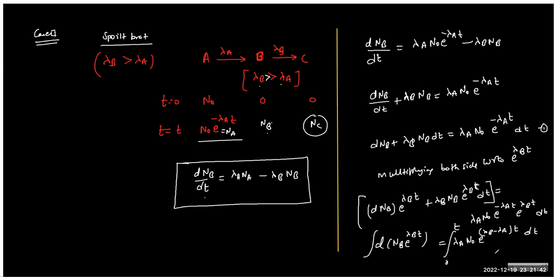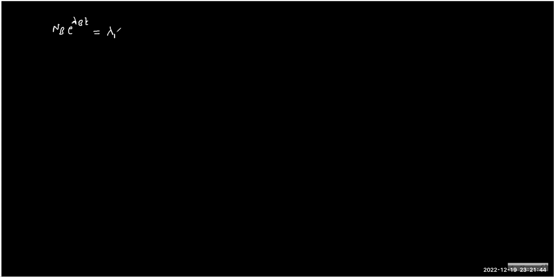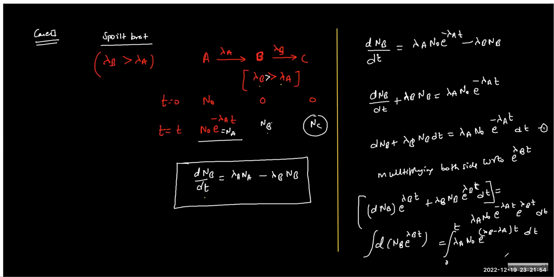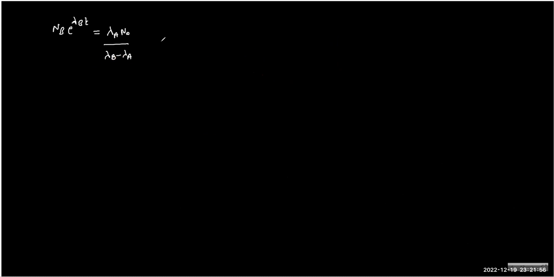So after integration, what are we getting? Nb e power lambda b t equals, we got something really nice, lambda a N naught upon lambda b minus lambda a into 1 minus e power.